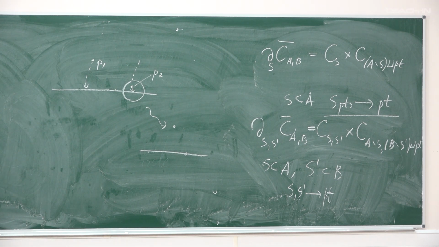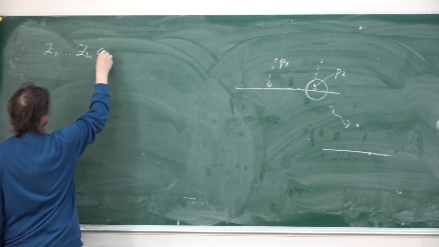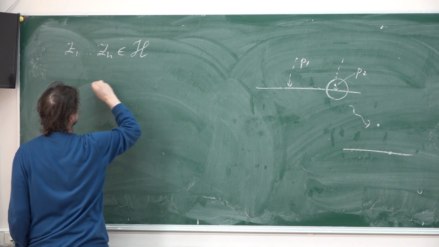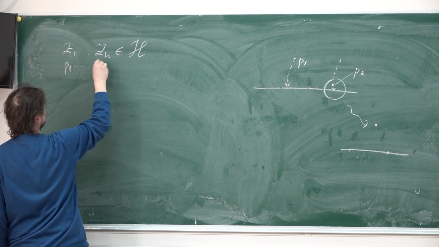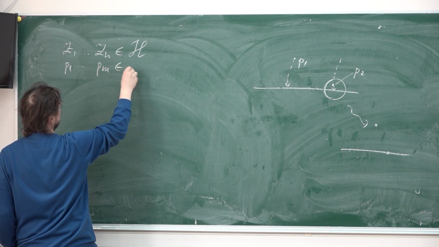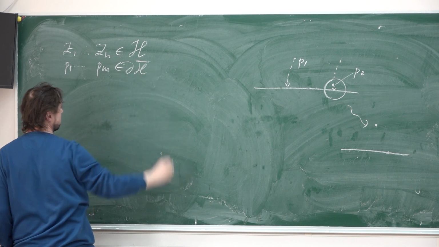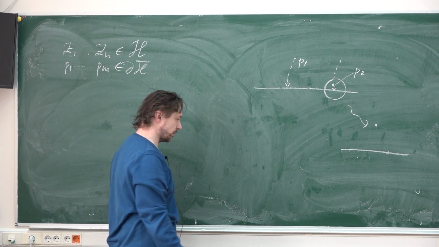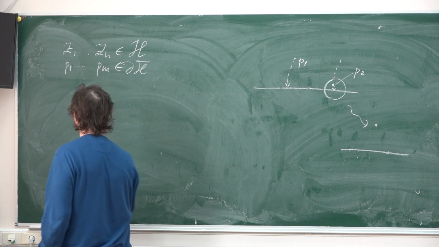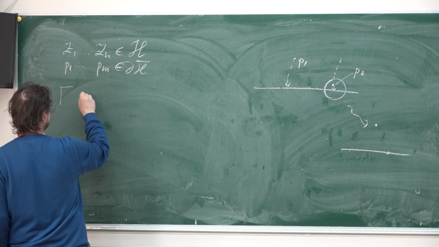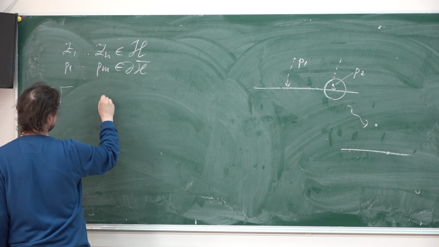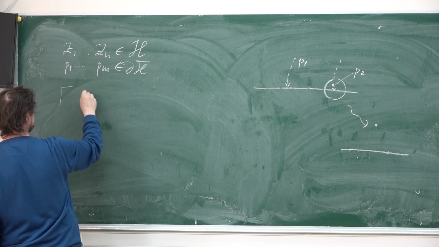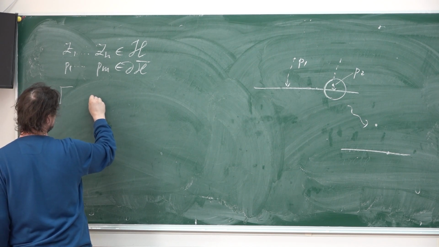So let us have m points z1, ..., zn in the upper half plane, and m points p1, ..., pm in the boundary. I'll consider a graph gamma which verifies the following conditions.